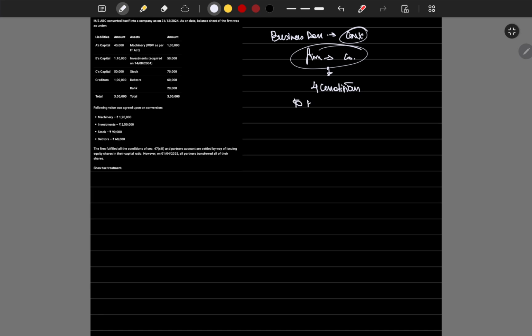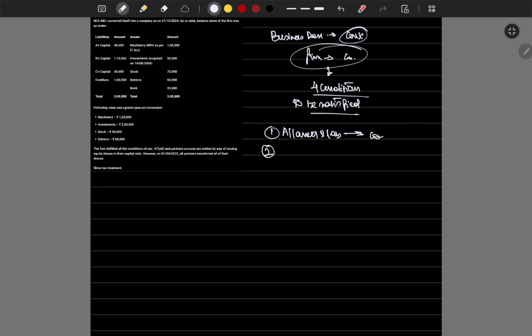to be satisfied to make the transfer not attract capital gain, right? What are the four conditions? First, all assets and liabilities should be transferred completely to the company.